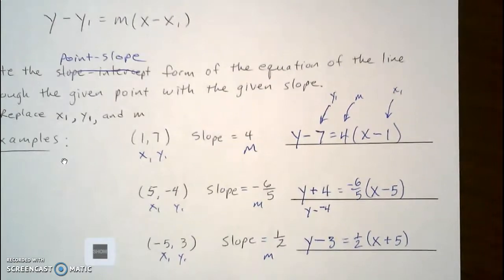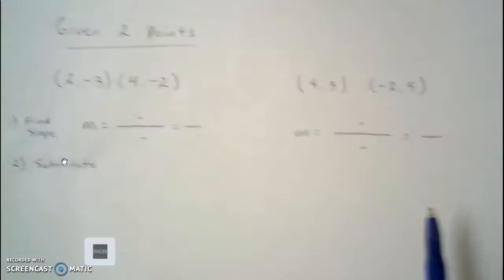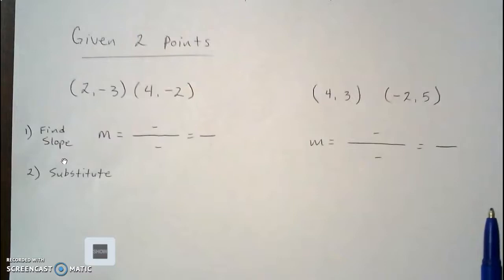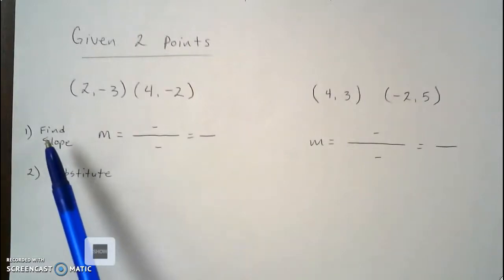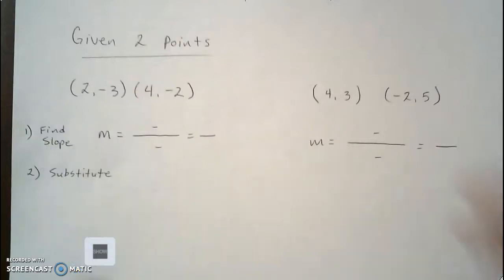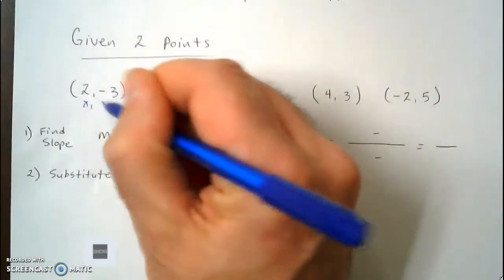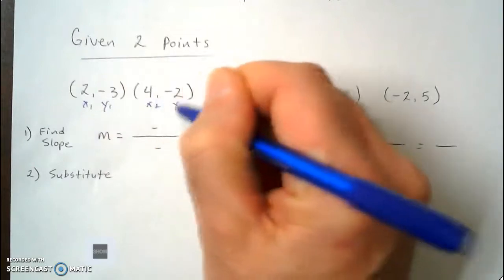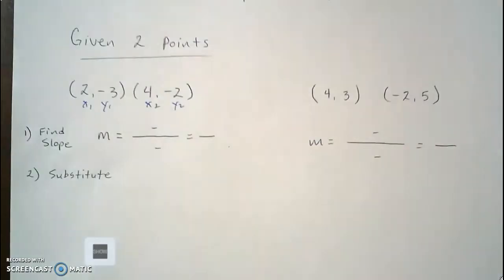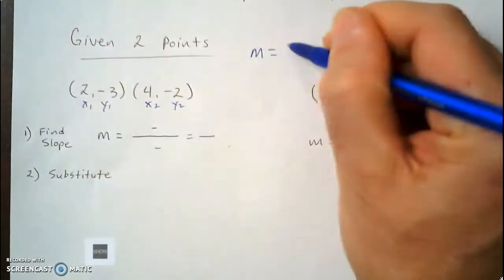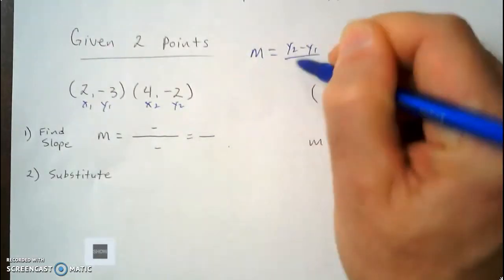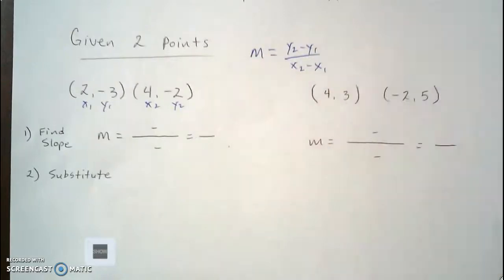Well, that makes sense. The difference down here is you're not given the slope. Well, guess what you'll have to do? Yeah, I wrote our 2 steps here. Find slope first. So we've seen that quite a bit this year. x2, y2, so I label, and the formula I can write here, y2 minus y1 over x2 minus x1.